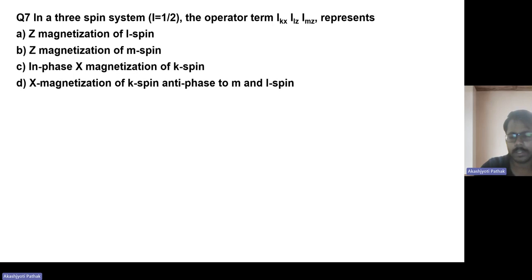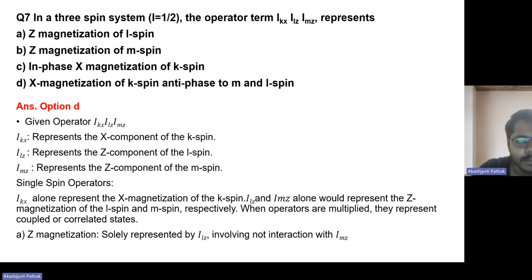The options are A, Z magnetization of I spin; B, Z magnetization of M spin; C, in-phase X magnetization of K spin; or D, X magnetization of K spin antiphase to M and I spin. The answer is option D. Now, why is it this? The answer is X magnetization of K spin antiphase to M and I spin.